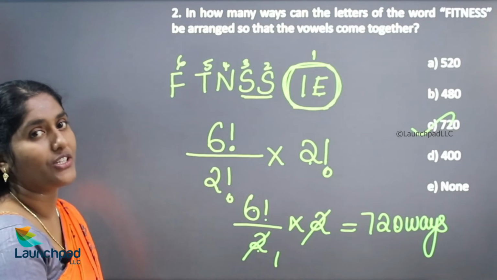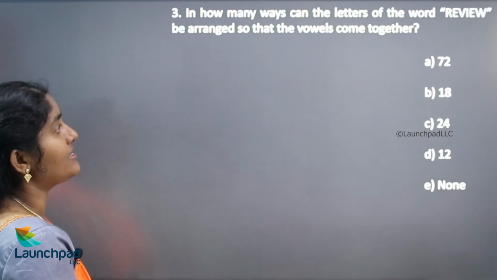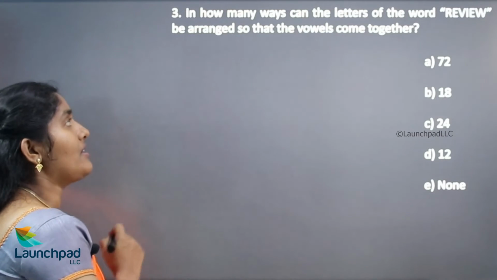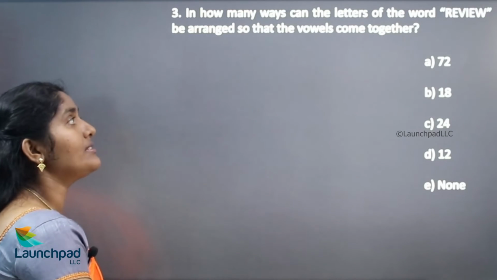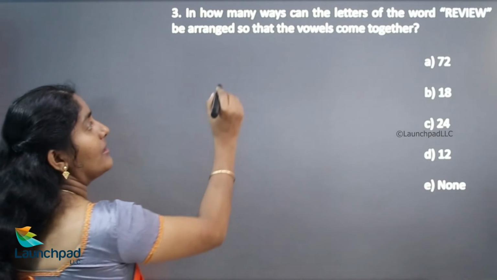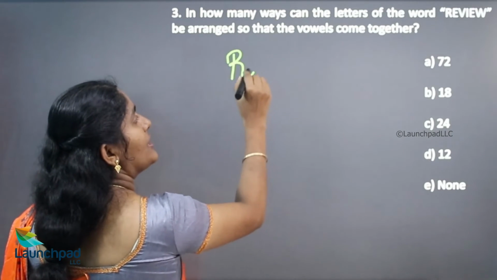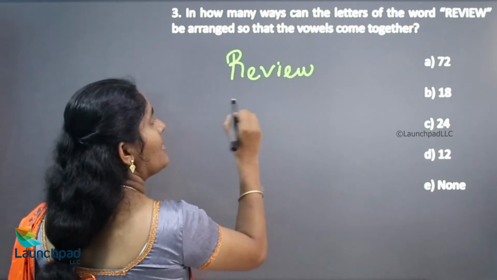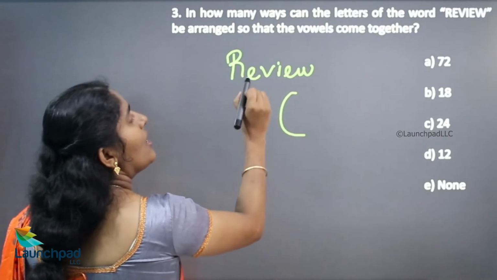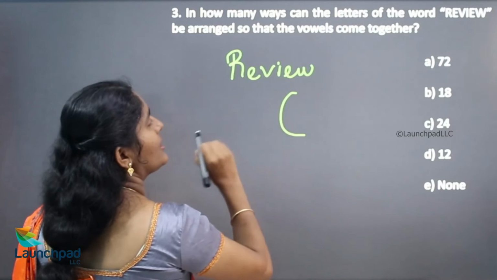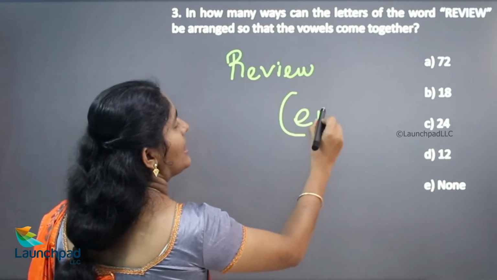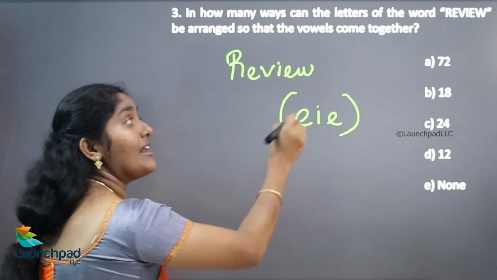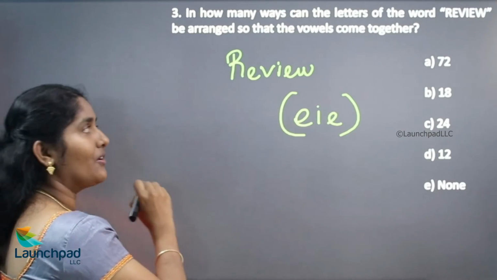Your next question: in how many ways can the letters of the word REVIEW be arranged so that the vowels come together? Write down your word first. Now what are the vowels given here? E, I, E. In this question, the vowels have repetition.